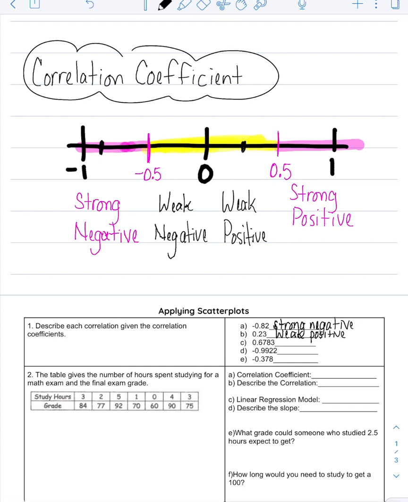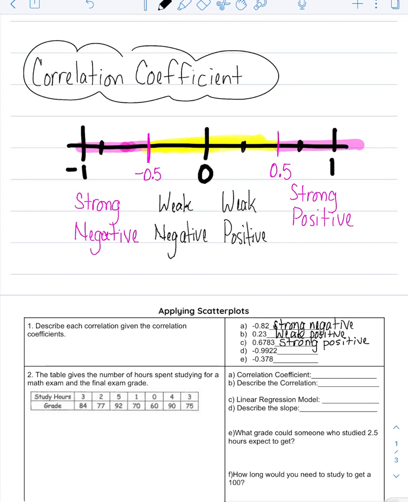Look at C. For C, we have positive 0.6783. That is a little bit above 0.5, so that correlation is going to be strong, and it's on the positive side. So a strong positive, and you got it. The negative positive part is easy.